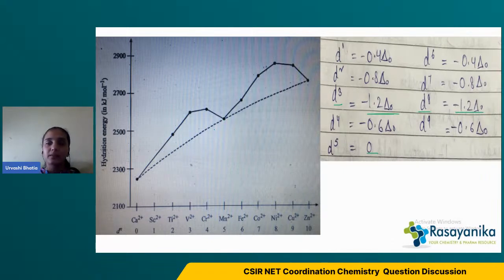Left to right, size is decreasing. Manganese has a smaller size. Mn2+ is smaller than titanium 2+. That is why.